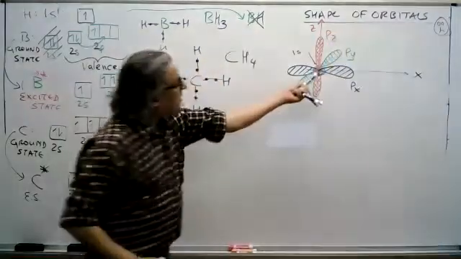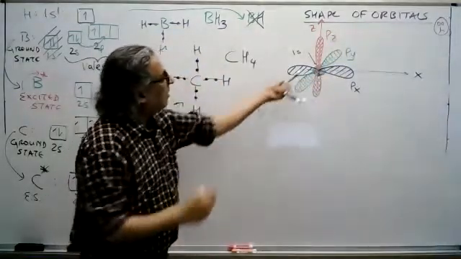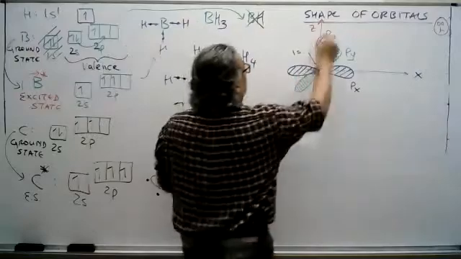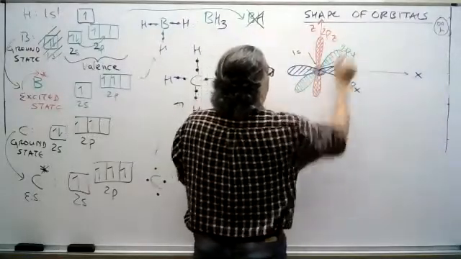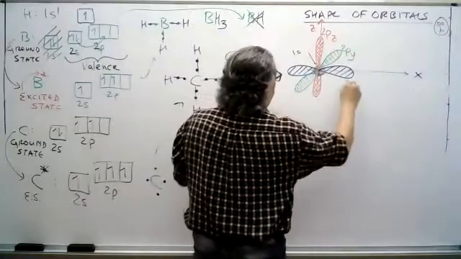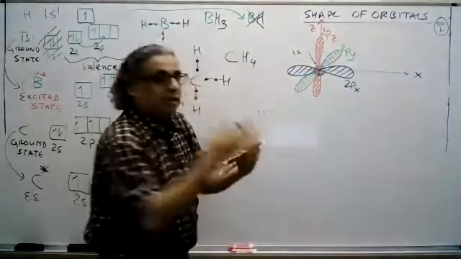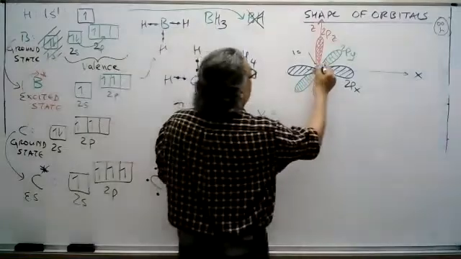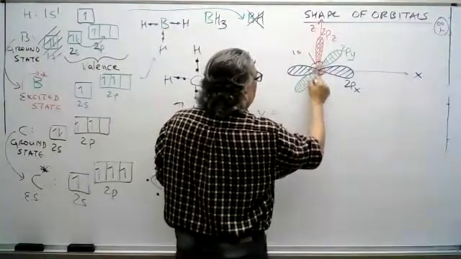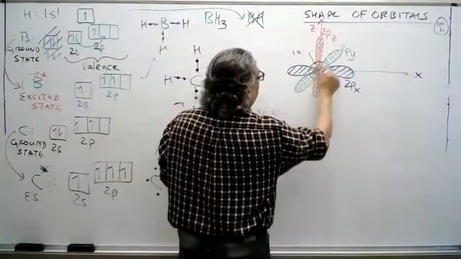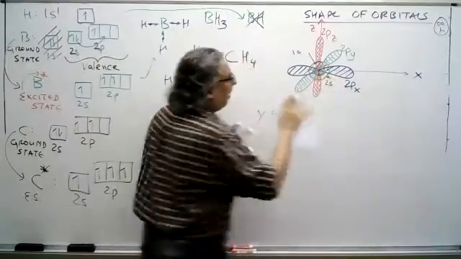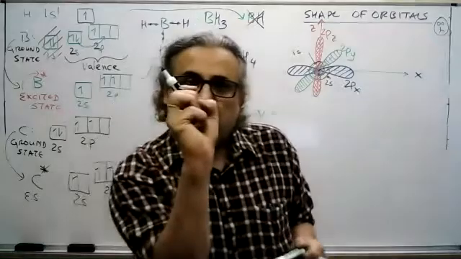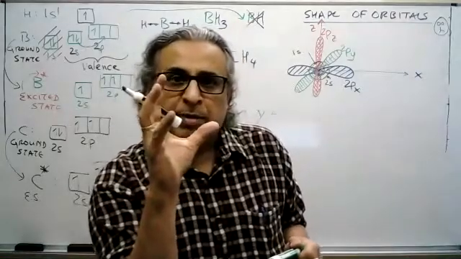Okay, that's 1s, that's, well, 2py, 2pz, 2py, and 2px, and obviously 2s will be bigger. It's going to be a larger sphere. 1s smaller and a 2s orbital will be larger.